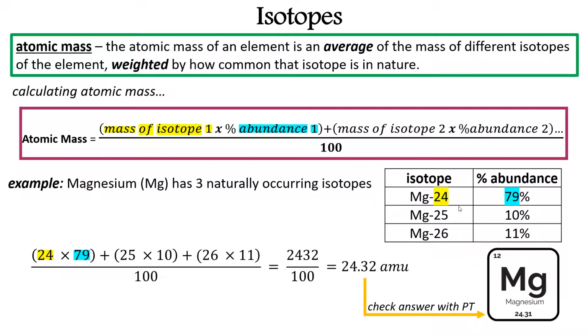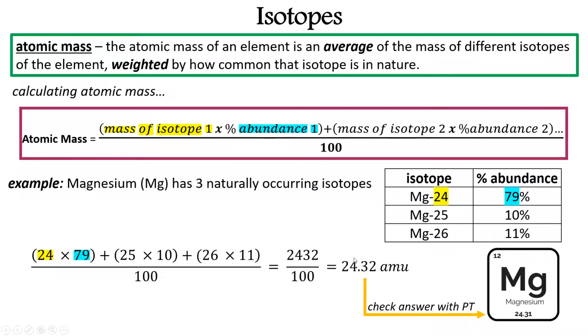The reason for that is because when you do a normal average, each number is contributing an equal amount to that overall calculation. When we do a weighted average, we're saying that some numbers are more important than others. So that's why this percent abundance matters, because we're saying we want this 24 to carry more weight than the 25 or the 26 because it's more common in nature.